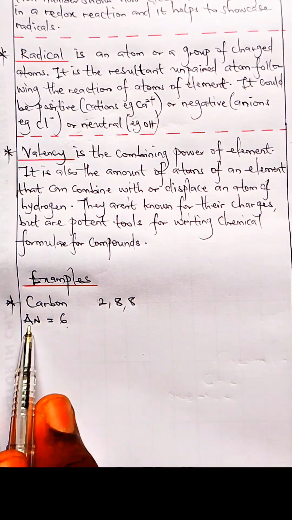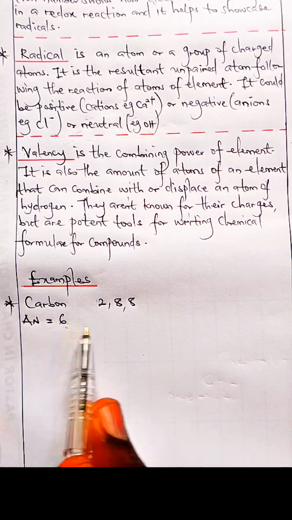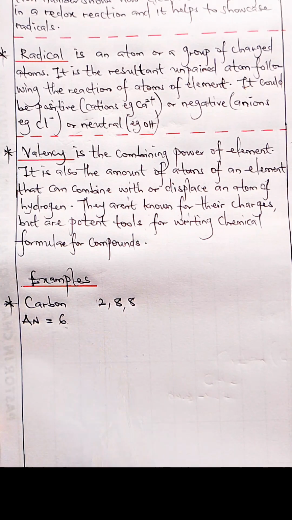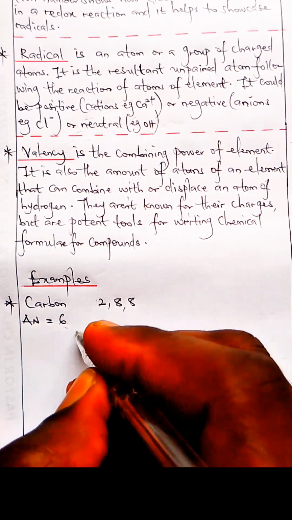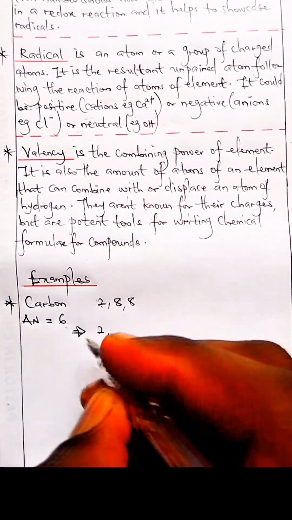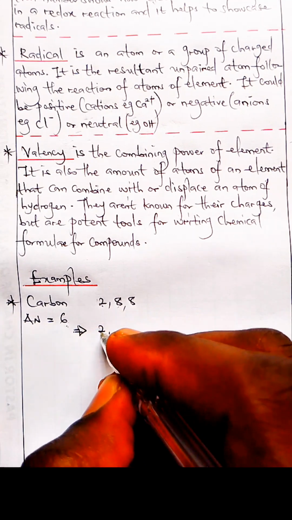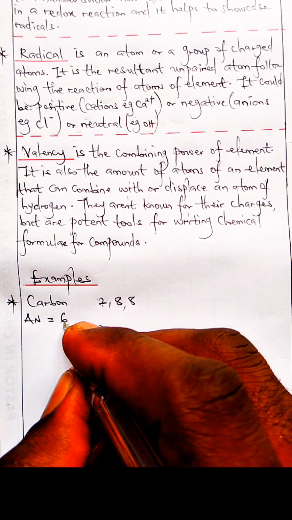So carbon has an atomic number of 6. How do you think carbon will fill out the shells with electrons? Since carbon has an atomic number of 6, in the best case scenario, the first shell will take 2 electrons out of the 6, and we are left with 4 electrons.